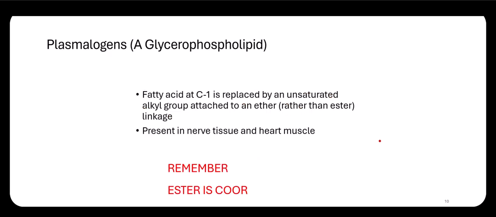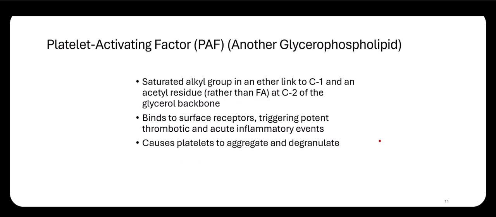Okay, plasmalogens. We talked about them a little bit. Another glycerophospholipid, and this time we're replacing the ester bond with an ether bond at carbon 1, so ether rather than ester. Present in nerve tissue, the heart muscle, things like that.